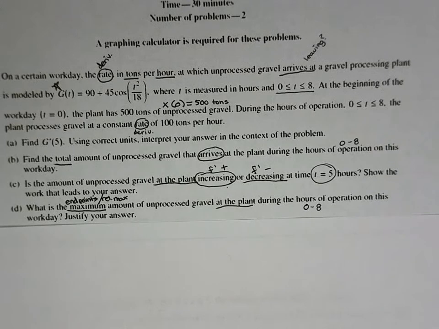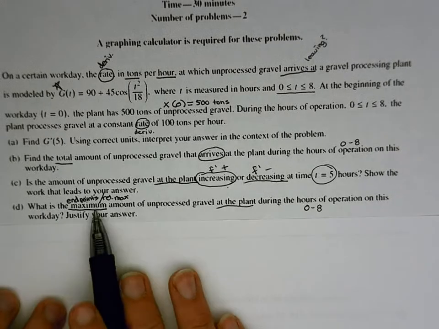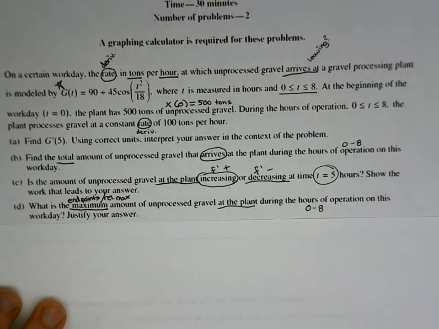This one here was worth 3 points. The first point says considers that A prime of t equals 0. Right, so why would we be considering that? Well, remember, a maximum could be at a relative maximum. How do we find a relative maximum? We take a derivative and we set it equal to 0.